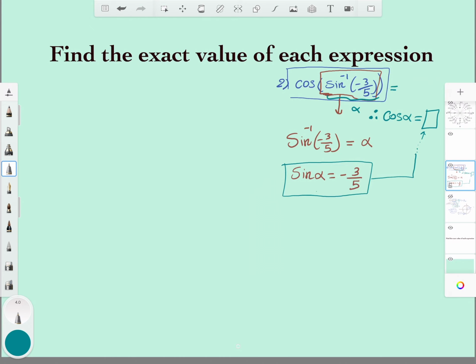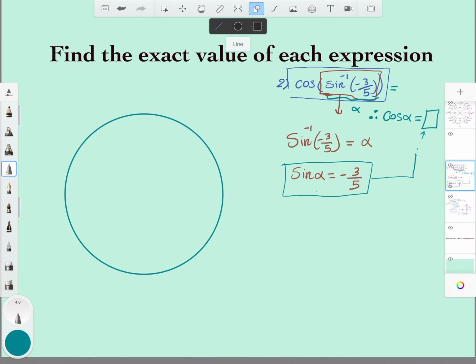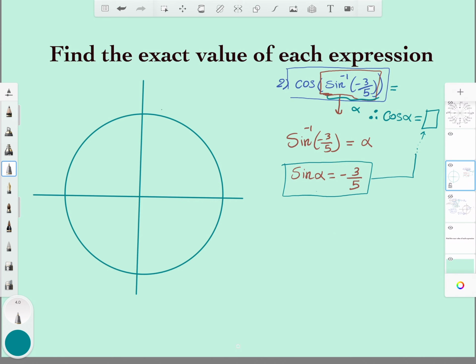So we need to make a circle. We draw a circle. This is quadrant 1, quadrant 2, quadrant 3, and quadrant 4.